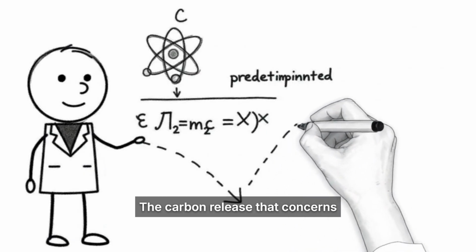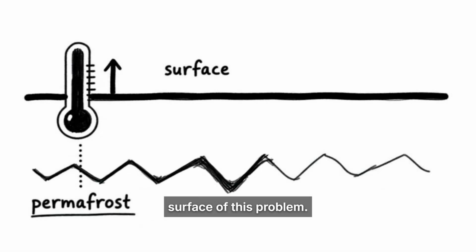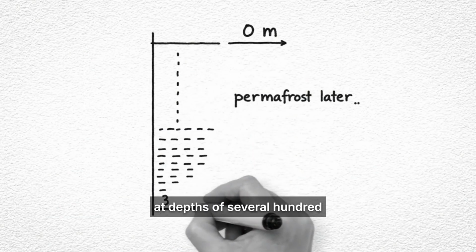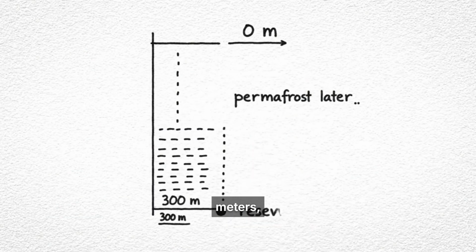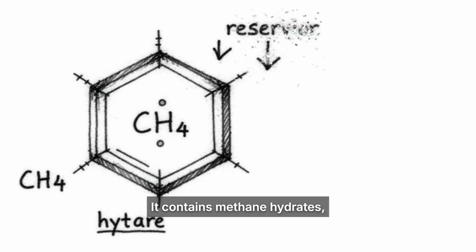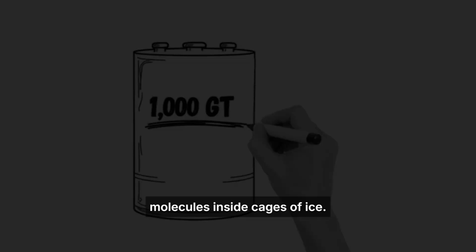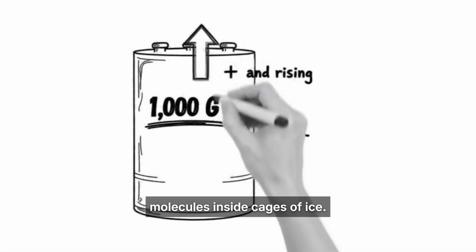The carbon release that concerns climate scientists is only the surface of this problem. Below the permafrost layer, at depths of several hundred meters, lies a different kind of frozen reservoir. It contains methane hydrates, crystalline structures that trap methane molecules inside cages of ice.